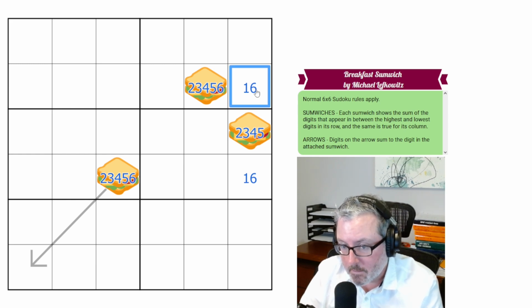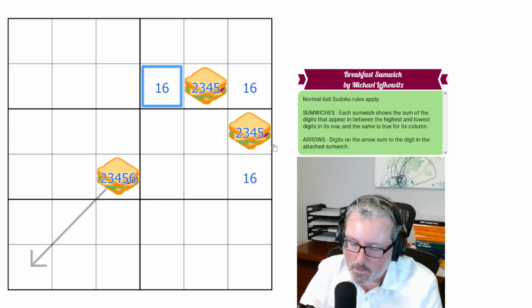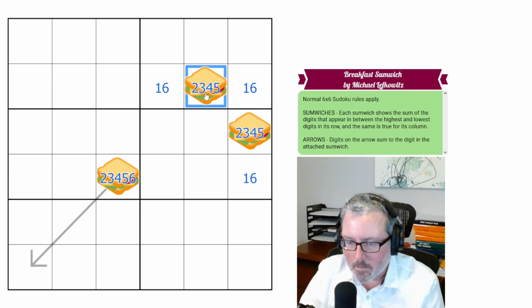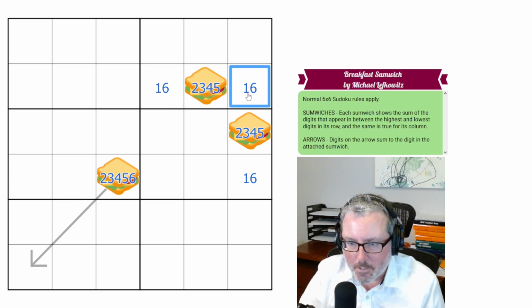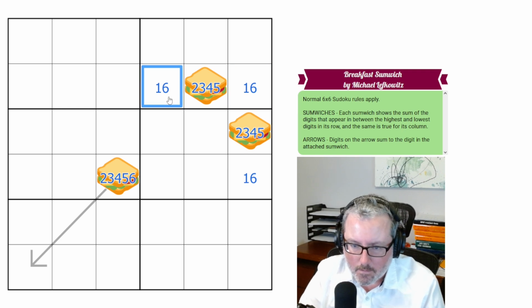And just looking at if this was a 1 or a 6, that would actually remove this from being a 6, because you couldn't do 1, 6 next to each other. And if this was a 6, then you remove the 6. But then in this case, this would also be a 1, 6, would it not? Because then this sumwich would have to be whatever's between those two digits, which is that. But then, wait, what about this guy?